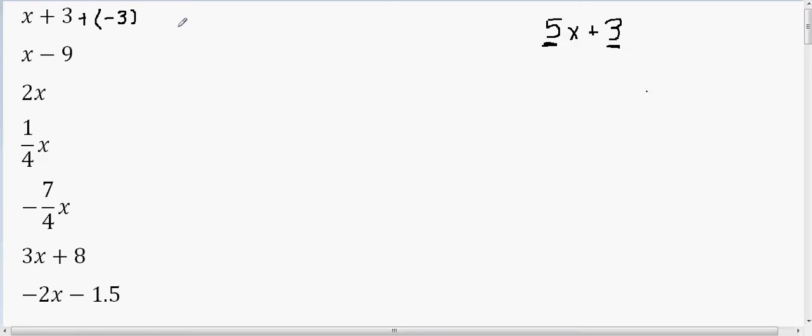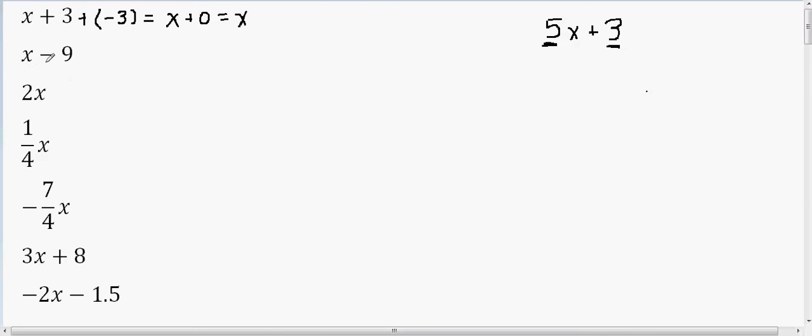Since addition is associative and commutative, we can carry out this addition in any order we want. So we can add the 3 and minus 3 first. Since they are additive inverses of each other, we get 0. And 0 added to any number is the other number, so we get x.